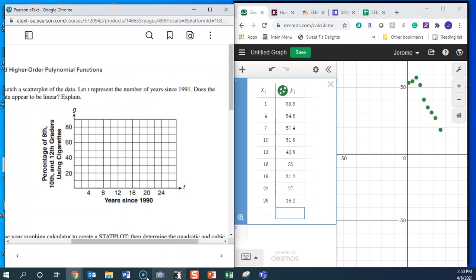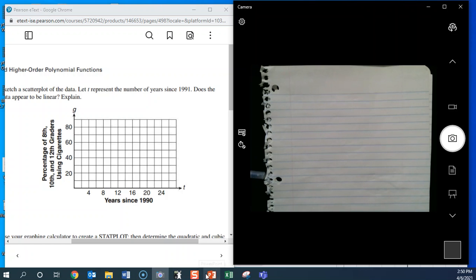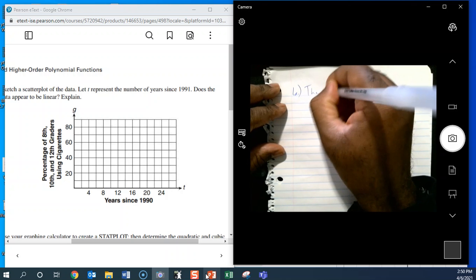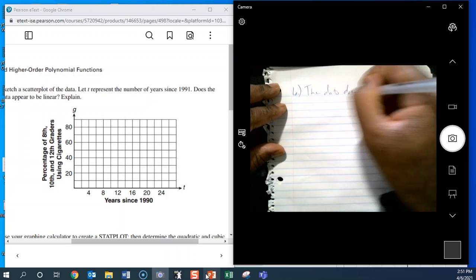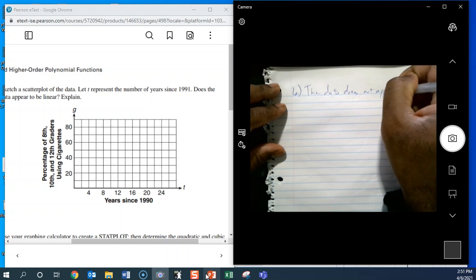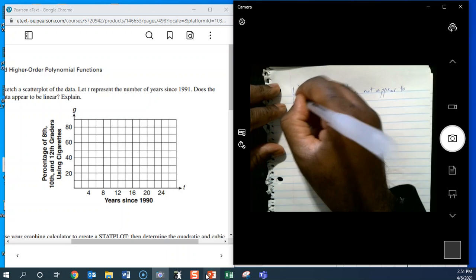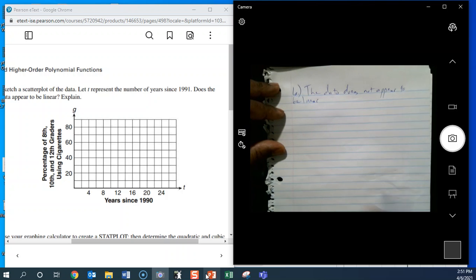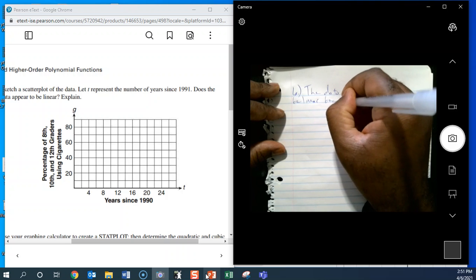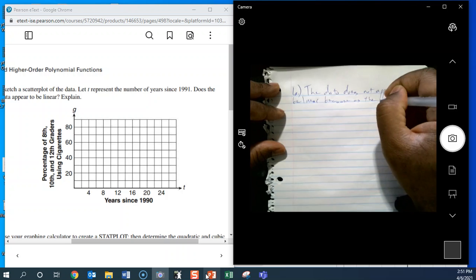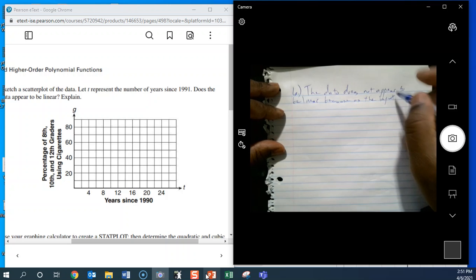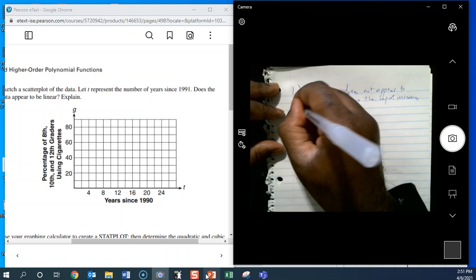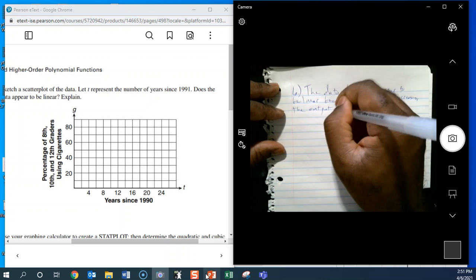Let me write that down for you. Okay. So this is 1A. The data does not appear to be linear because as the input increases, the output decreases.